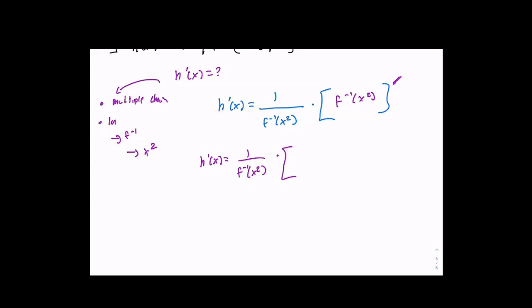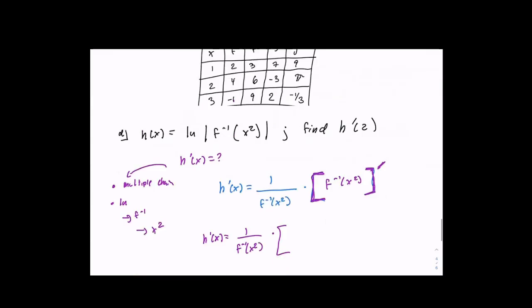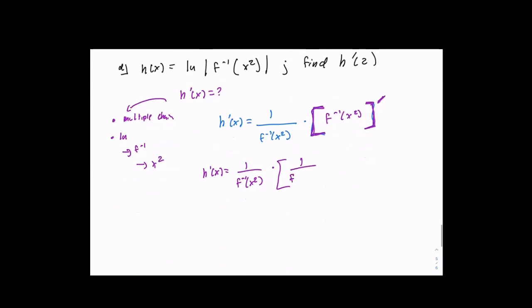There's no negative. Somebody speak. Just repeat the formula for me. What is the derivative of the inverse of f? Isn't it 1 over f prime of f inverse of x squared? And then you put to the side times your 2x.